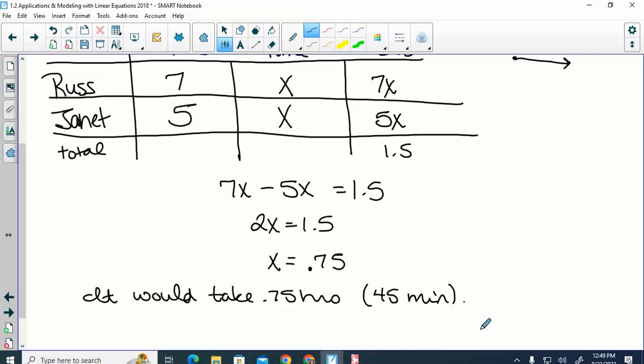That's probably from being familiar with the clock and knowing 3/4 of the way around the clock is 45 minutes. You can also get that by doing 0.75 times 60, because there are 60 minutes in an hour, to get that 45 minutes.